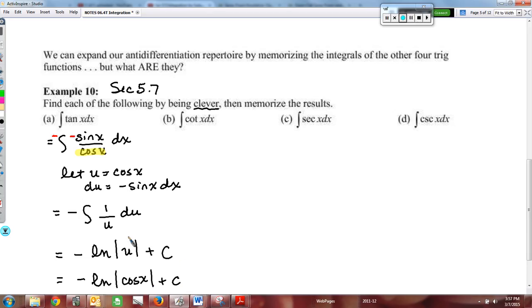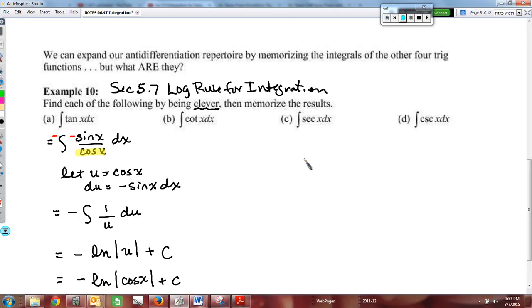So this process right here is where we're now going to do u substitutions with integrals that end up being logarithmic. So section 5.7 is your log rule for integration.